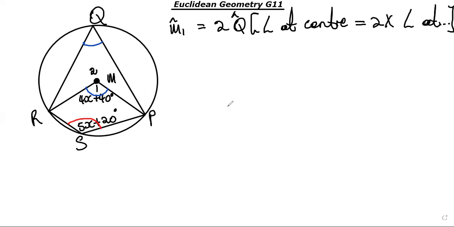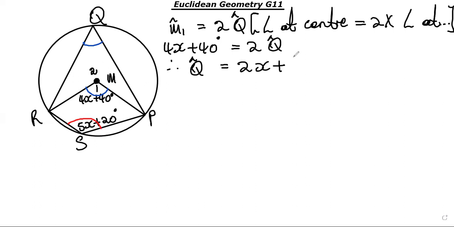Now we say, the size of angle M1 is 4x plus 40 degrees, and this is twice as much as angle Q. So dividing both sides by 2, it means the size of angle Q will just be 2x plus 20 degrees. Fine stuff. So we move on.